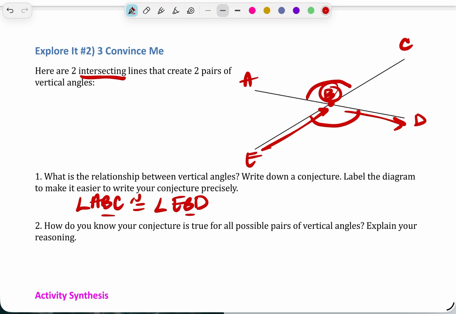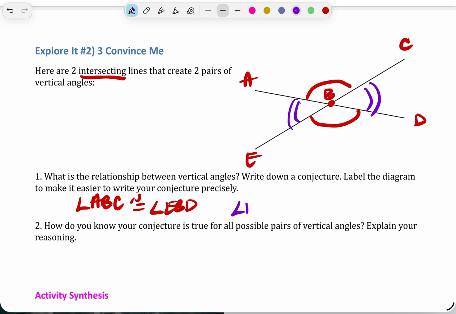So B should always be the second letter in this form of angle notation. We have to do the other set of vertical angles. So you put two arcs to show that those opposite angles, angle ABE is congruent to angle CBD.